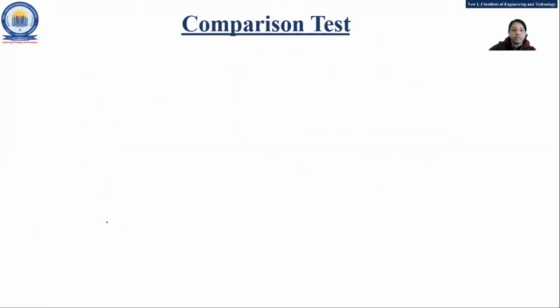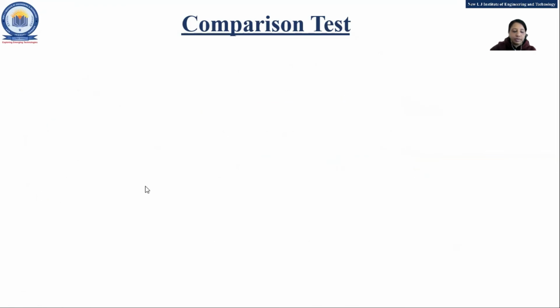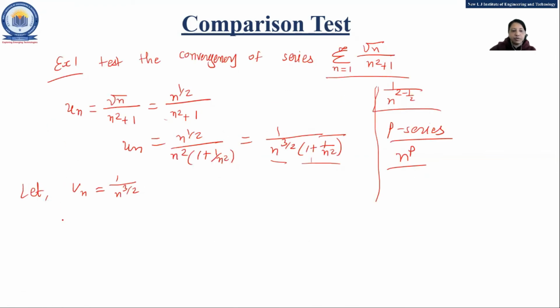The definition for comparison is that if the limit as n tends to infinity of un upon vn equals some finite number, then we can proceed. So limit n tends to infinity of un upon vn: that term is cancelled out, that is n raised to 3 by 2, and we will have 1 upon 1 plus n square.